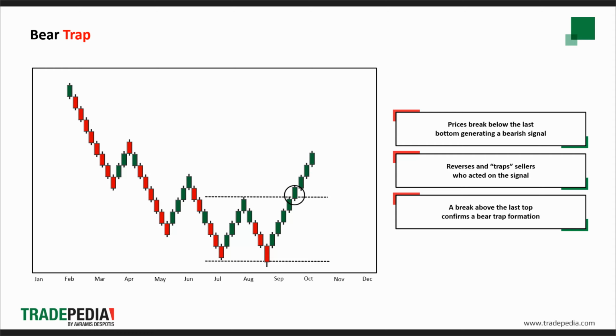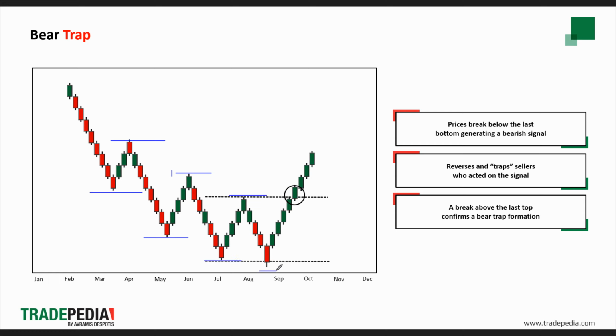The same rules apply to protect yourself from a bear trap: look at how the market moves in a downtrend. Let me just change the color again. You have a low, you have a high, you have a lower low, you have a lower high, a lower low, a lower high.